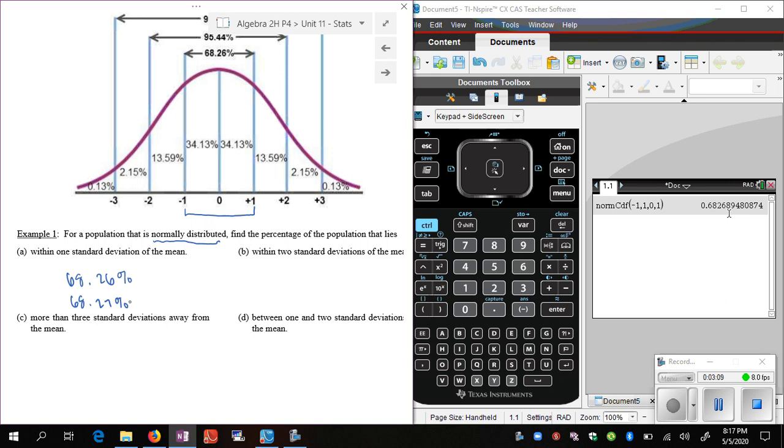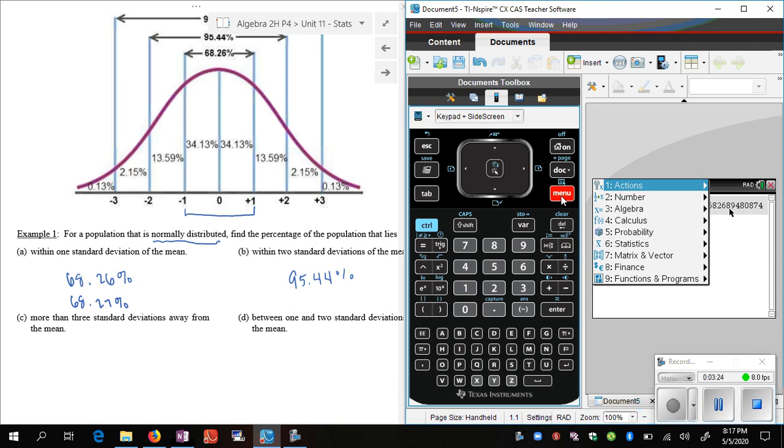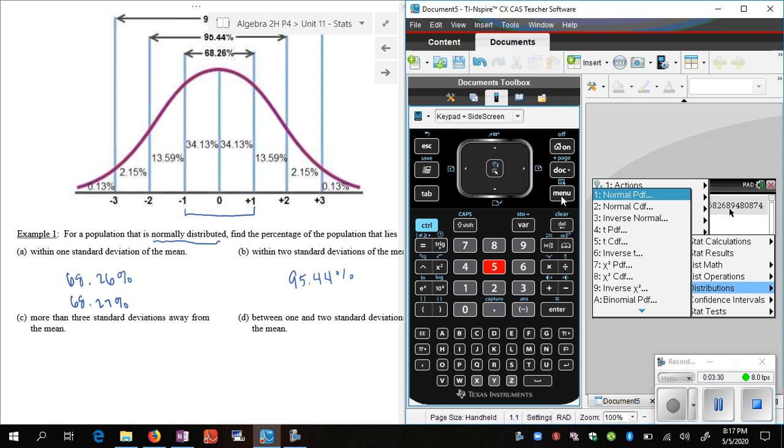Okay, so the next one says within 2 standard deviations of the mean, you can see that that's 95.44% according to the chart. And so what I would have to do for that one is I would go to Menu, Statistics. So if I hit 6 for statistics, distributions, I hit 5, and Normcdf, I hit 2.